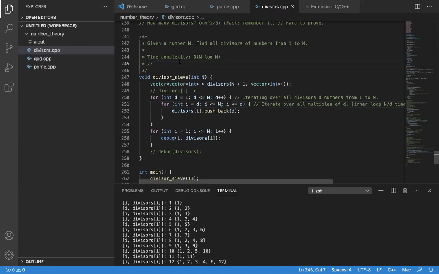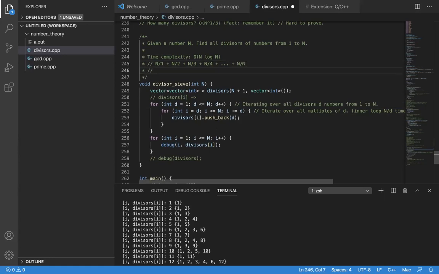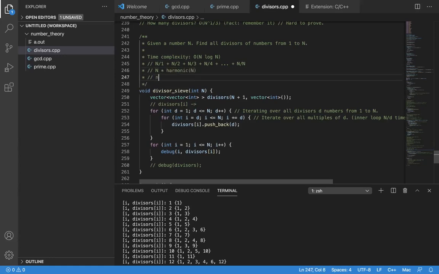So overall, for d equal to 1, it will be n by 1 plus n by 2 plus n by 3 plus n by 4 dot dot dot plus n by n. And as we see, this expression will be n times the harmonic of n. And the harmonic of n, we proved, was bounded by log n.